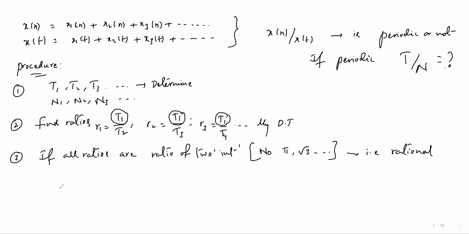If all ratios are rational numbers, then we can confirm that the given signal x of t or x of n is periodic.